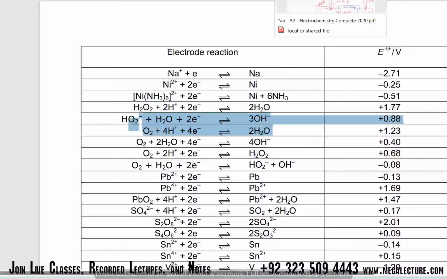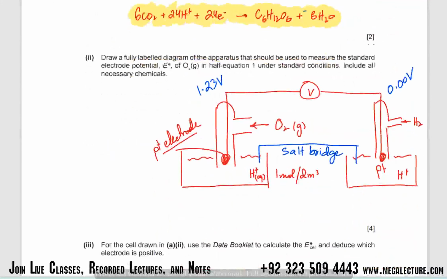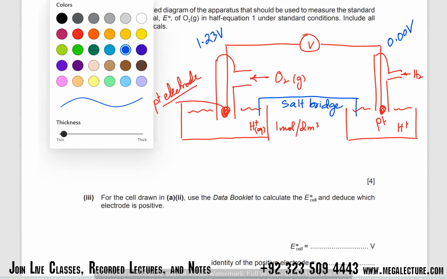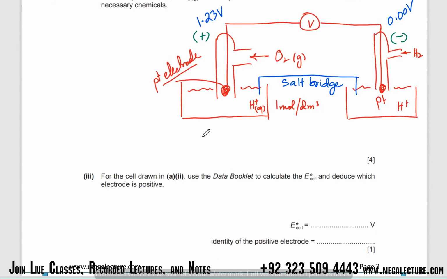So this is 1.23 volts. And that's your reference electrode, so that's always 0 volts. So the E naught cell is obviously 1.23, higher minus lower, and the positive electrode is going to be the left one. That's going to be our positive, and this is going to be our negative electrode.